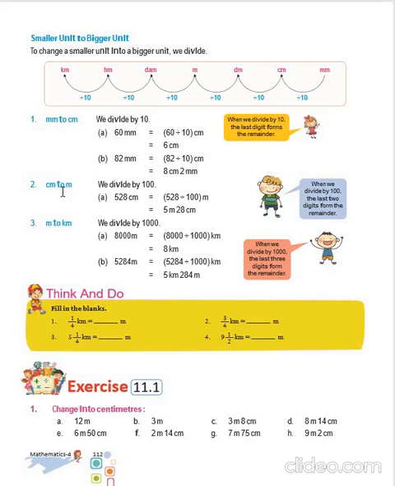Centimeters to meters by dividing by 100. So 528 centimeters is equal to 528 divided by 100. Meters to kilometers is divided by 1000. 8000 meters is equal to 8000 divided by 1000 kilometers.